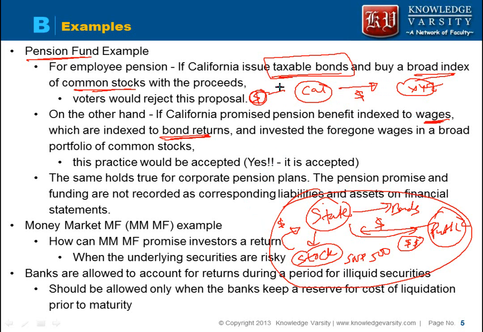So this is accepted, and yes, it is accepted because pension is a product. So there is a lot of similarity between the two. Here also you are promising future payments based on the returns you get from the market. Here also you are promising future payments based on the return from the market, but this is wrong and this is correct. Why? Both are similar, right?